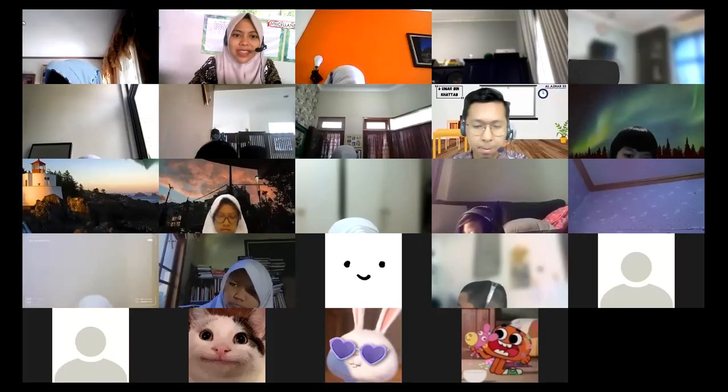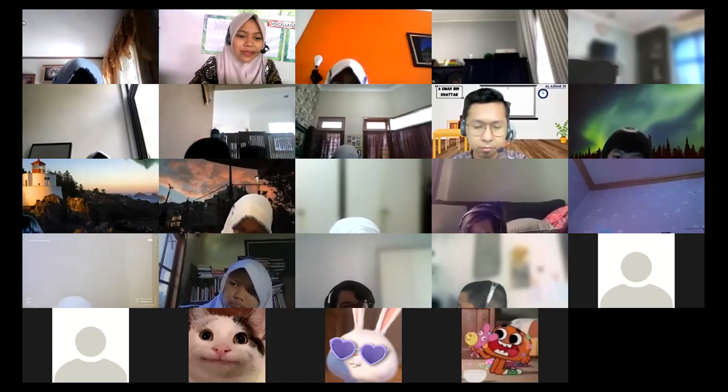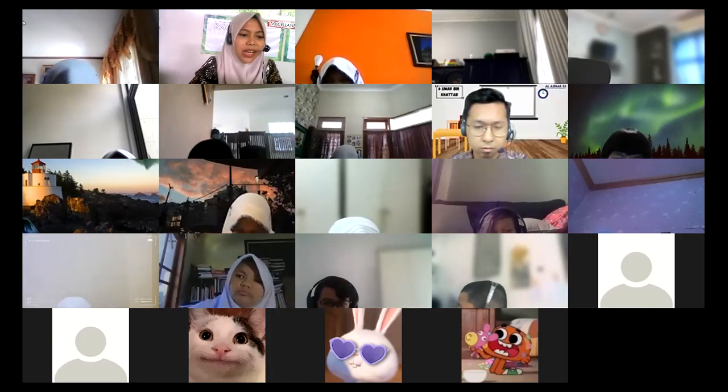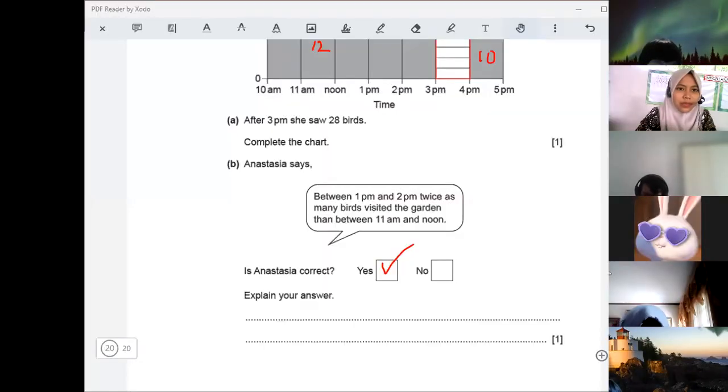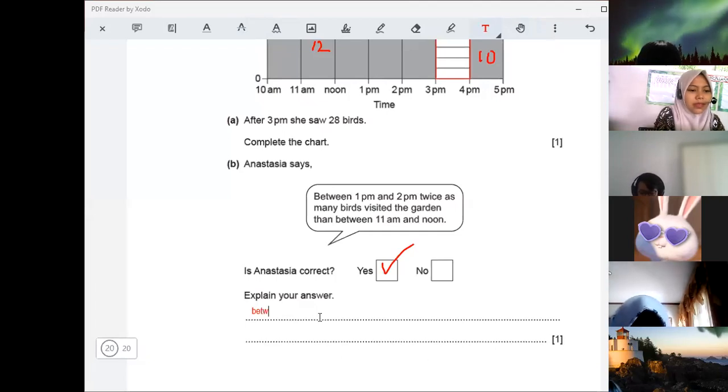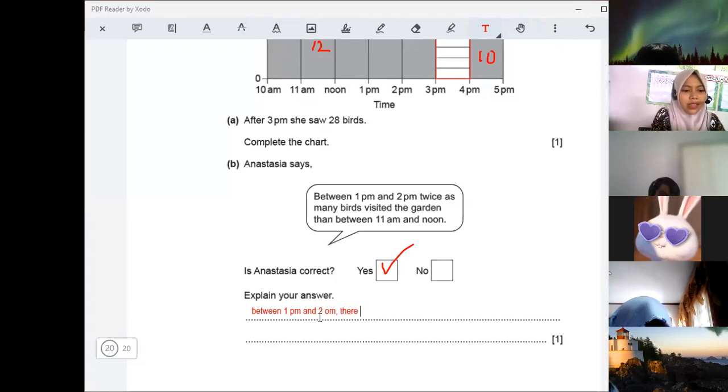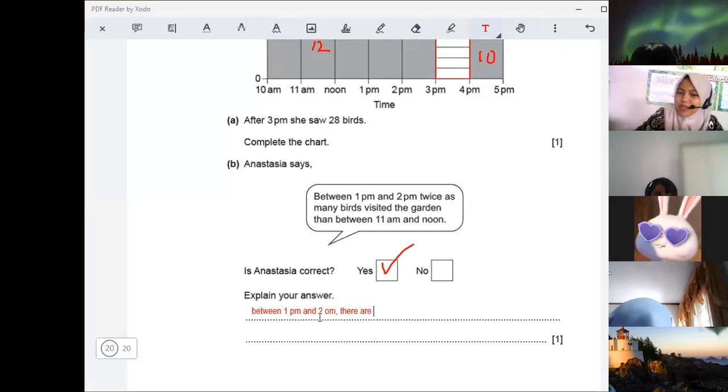What do I press? Okay, how do you explain for this class? Gimana? Between 1 p.m. and 2 p.m. there are how many birds? How many birds, class?